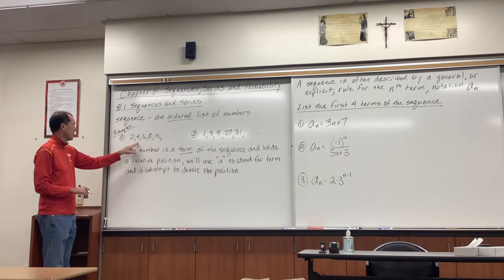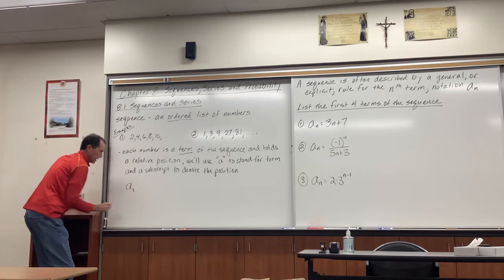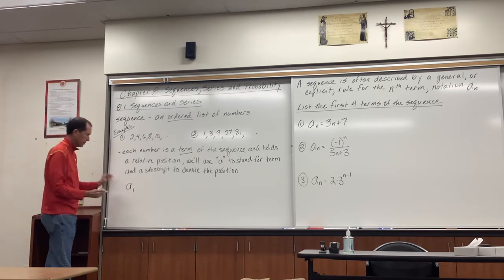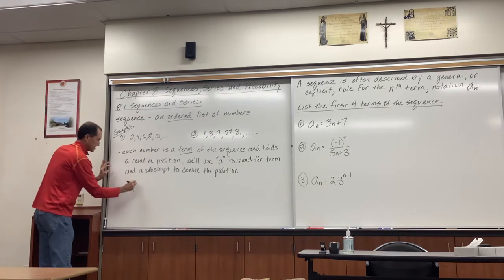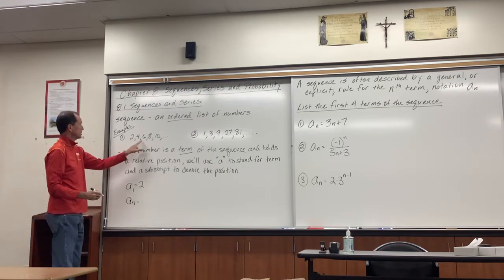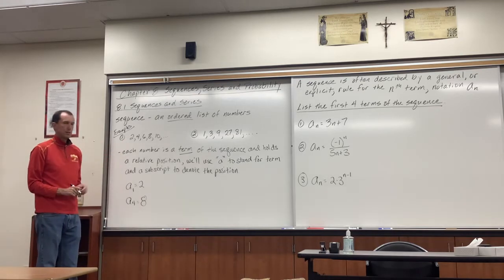For example, in this one, if I wanted to tell you what the first term was, I would say a sub 1, but we'd never say it like that. We'd call that the first term, and we'd say the first term is 2. We could also say the fourth term is 8, and you could pick out any position.